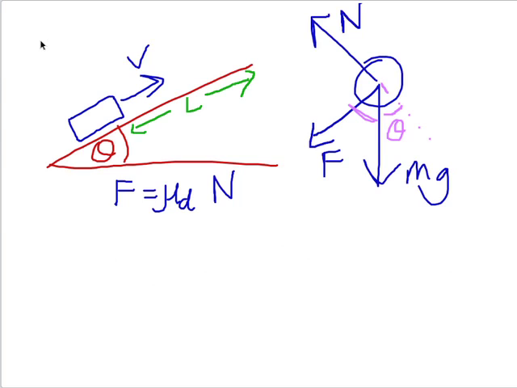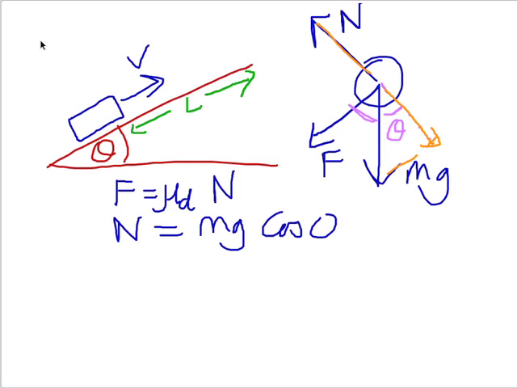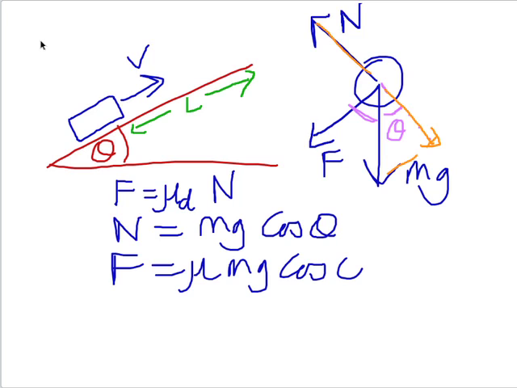Well, the object is neither flying into the air nor sinking into the ground, so the normal force up here must equal the component of the weight down into the thing, so we know that the normal force equals mg cos theta. So substituting that in, we find that the friction force equals mu mg cos theta.